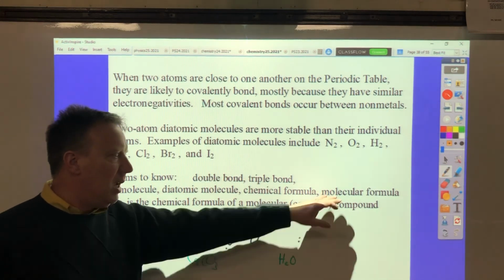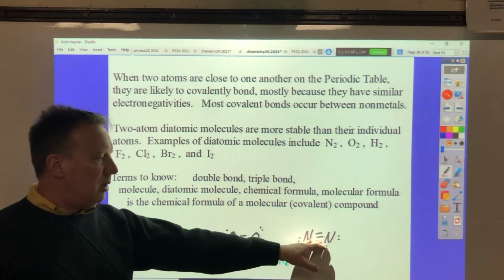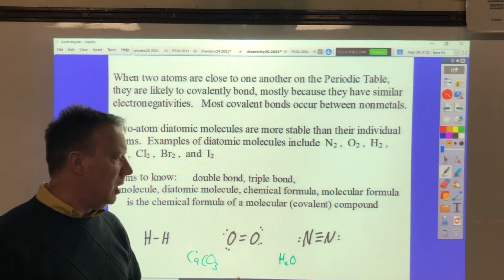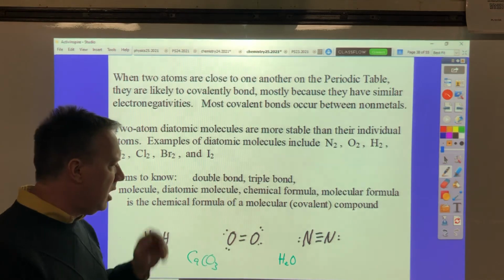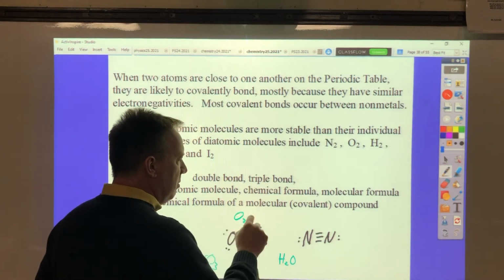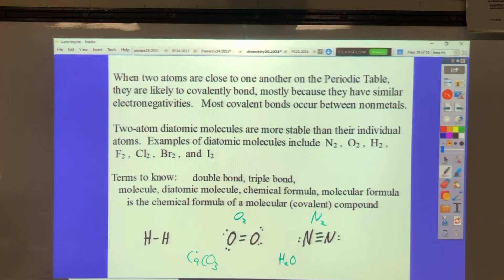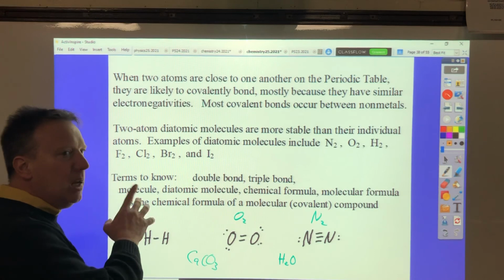It is also a molecular formula because that's a molecule. N2 is a molecule, that's its molecular formula or its chemical formula. O2 is a molecule, this is its molecular formula or its chemical formula. So you don't call ionic compounds molecular formulas.